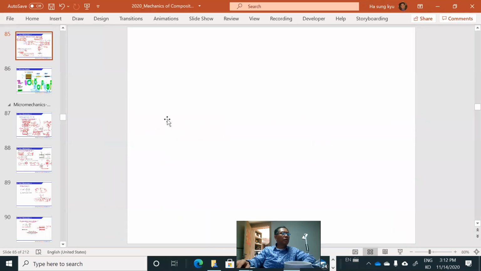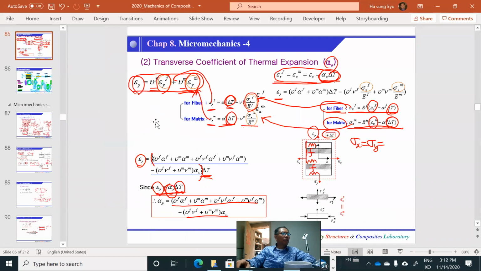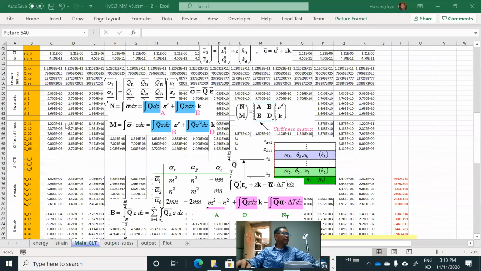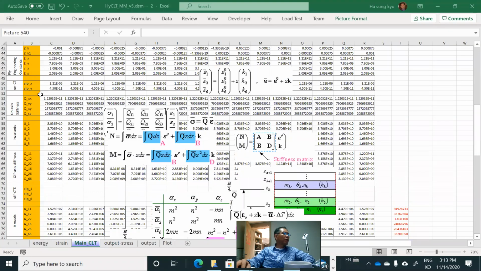And this is the one we calculate alpha y and alpha x. This is alpha y, and this is alpha x. Okay, so that is the equation we already covered. That's why we have alpha x and alpha y.